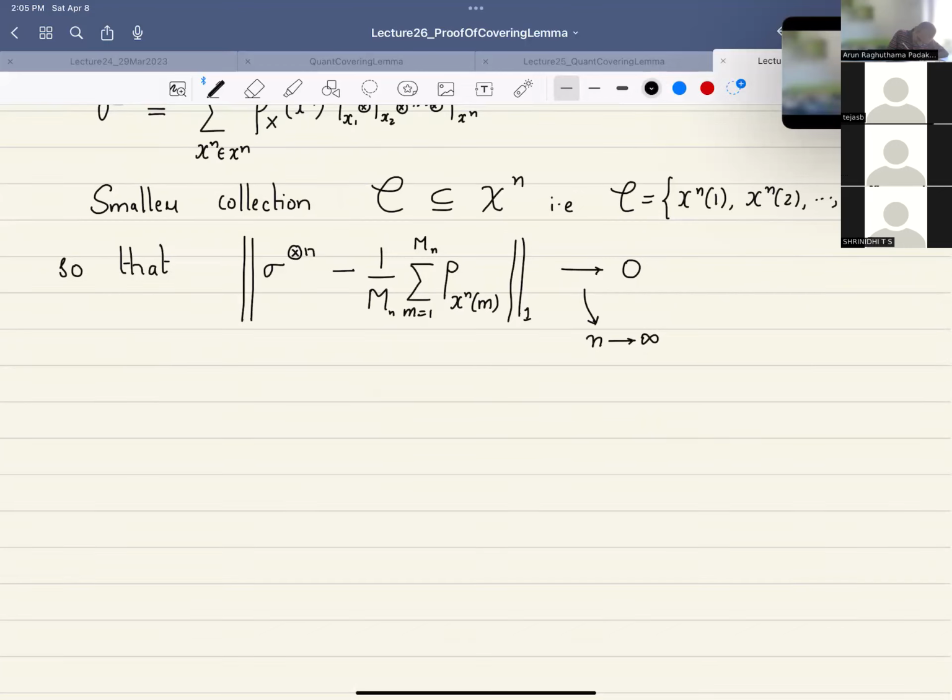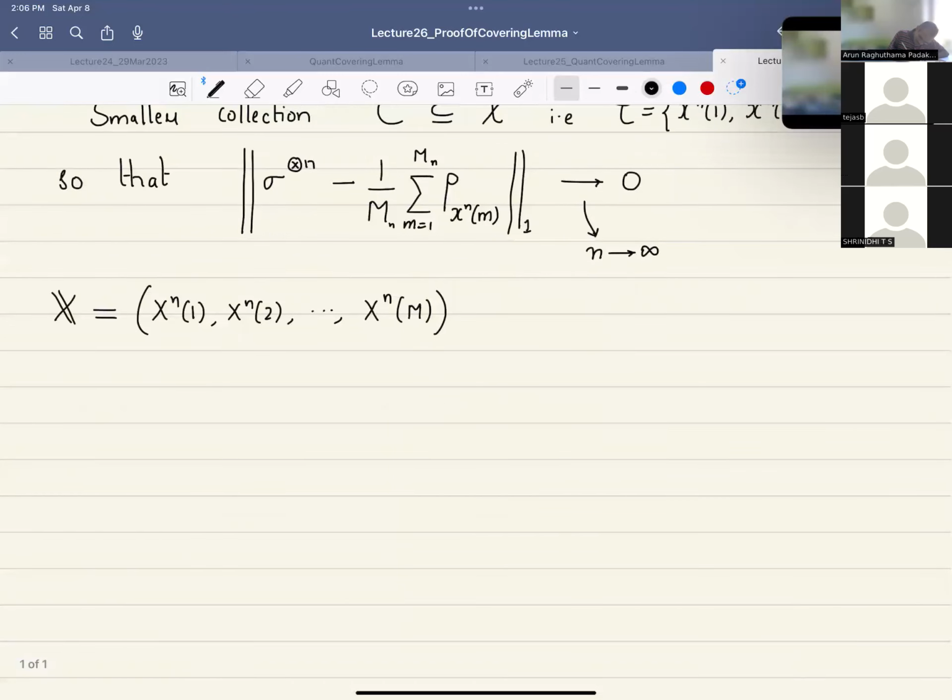What did we do? We take a random collection x. We call this random collection xn of 1, xn of 2, until xn of capital M. I take this random collection, and so the random object is essentially this sigma tensor n.